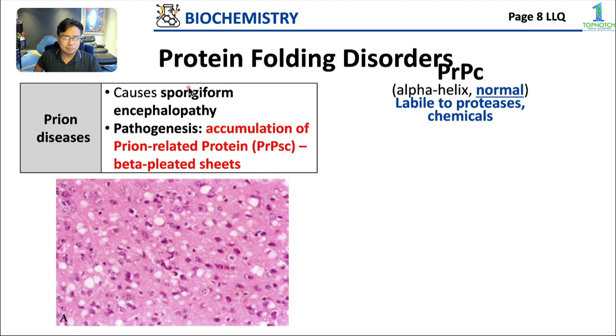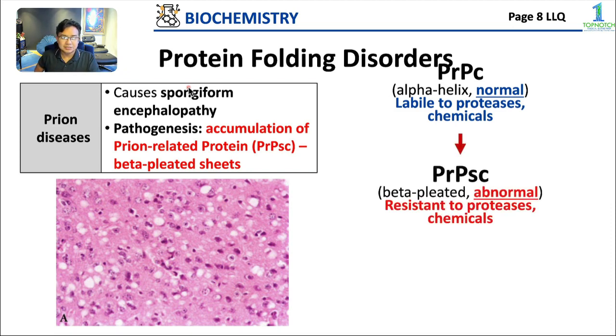Pero, when it becomes mutated due to improper folding, nagiging siya PrPsc. That is the abnormal prion protein and it is in the beta-pleated form. Di ba? Nagbago agad siya ng kanyang function. From an alpha helix na labile to proteases, this time, as a beta-pleated form, it's now resistant to proteases and chemicals. That's very dangerous.